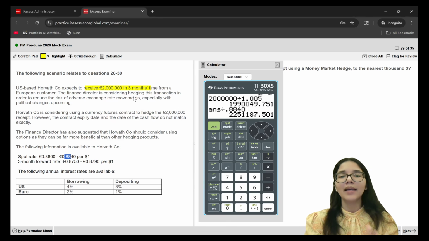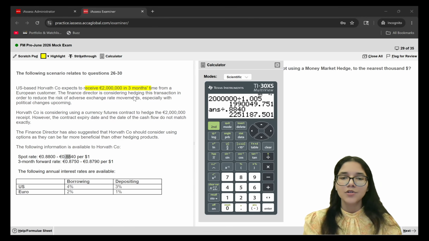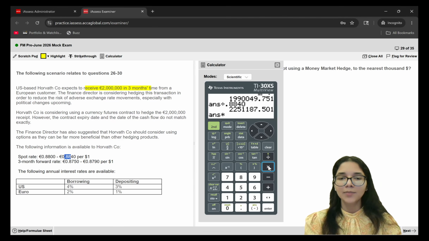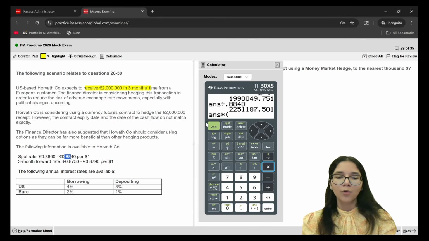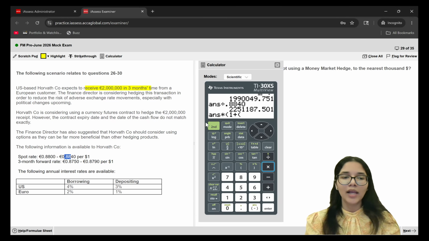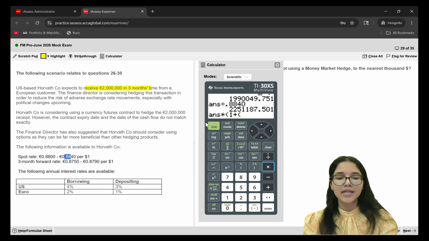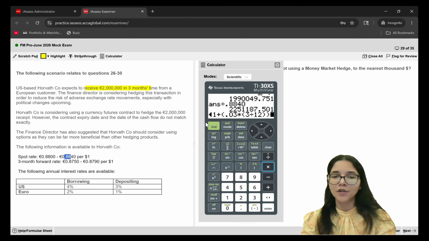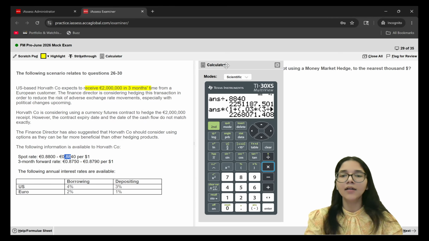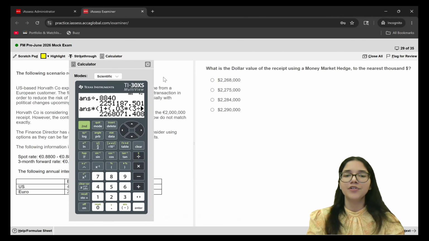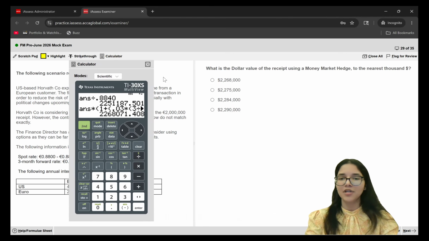Then multiply that by 3 by 12, so multiply this number with 1 plus the interest rate. So 0.03 into 3 by 12, into 1 plus 0.03 into 3 by 12. So you close all brackets, you hit enter, and this is the final value that you will receive after the money market hedge is complete.